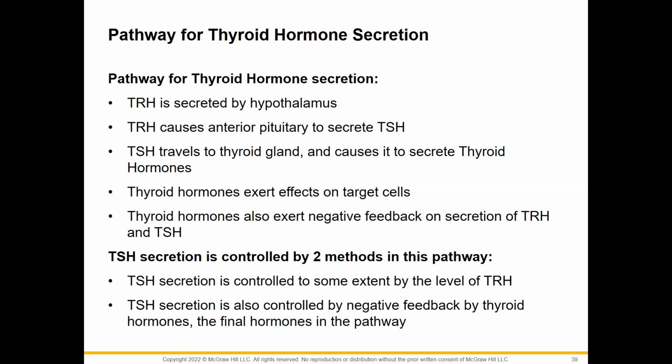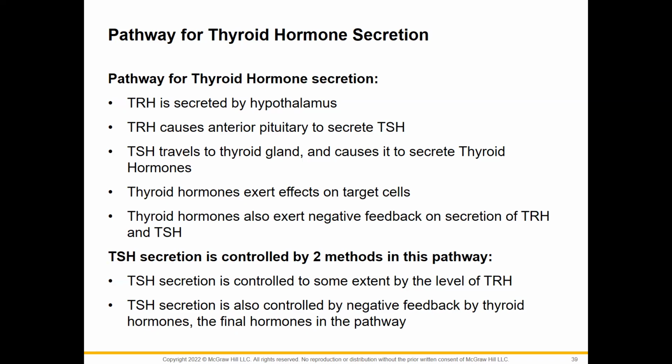So the low levels of thyroid hormone will be an indicator for the hypothalamus to secrete TRH. Then that is going to stimulate the anterior pituitary to secrete TSH. And then that is going to push the thyroid to secrete more T3 and T4.